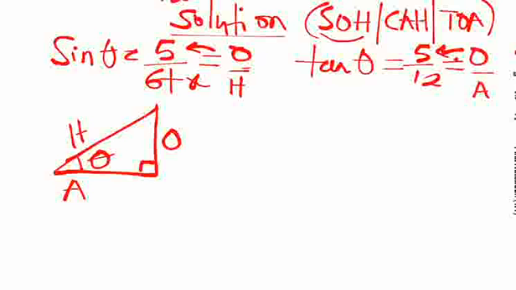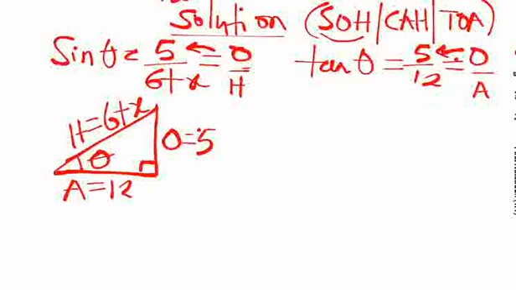So bringing in the values given in the question, we are told that the opposite is equal to 5, so we are putting our opposite here as 5. And we are told that the hypotenuse is 6 plus x. We are putting that here. Then we are also told that the adjacent is equal to 12. We are slotting that here.